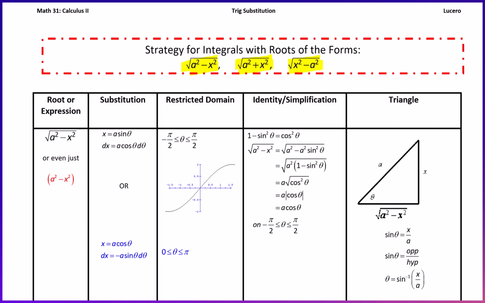You don't necessarily have to have the square root on them, but because of the way the trig subs work and with the identities, when we make these specific trig subs, we will get perfect squares. And so when we have a square root over an expression of one of those forms, it's especially handy because the square root of a perfect square will simplify down very nicely.